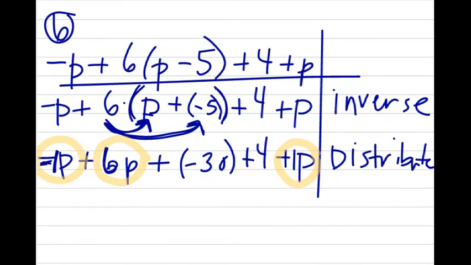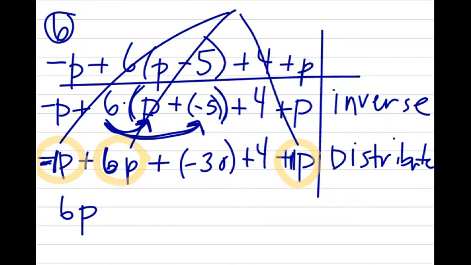So negative 1 plus 6 is 5. Plus 1. 5 plus 1 is 6p. So basically what I just did is I added negative 1 plus 6 plus 1, because those were the coefficients of my variables. Negative 1 plus 6 plus 1 equals 6. Now this isn't something you would draw lines and write like I did. It is something you could do as scratch work on the side.